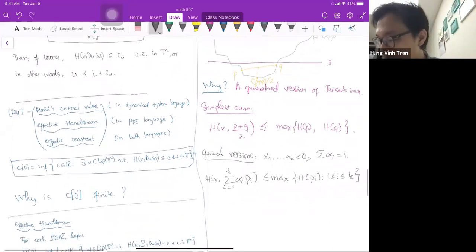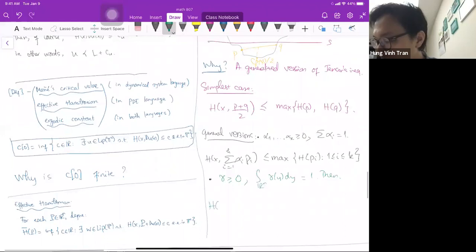The second version is that if you take gamma greater than or equal to 0, with the integral in R n of gamma of y dy equal to 1, then you would have that h of the integral in R n of gamma of y p of y dy is less than or equal to the supremum over y in R n of h of p of y.